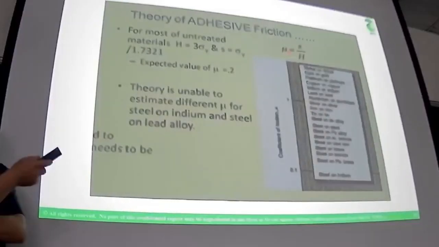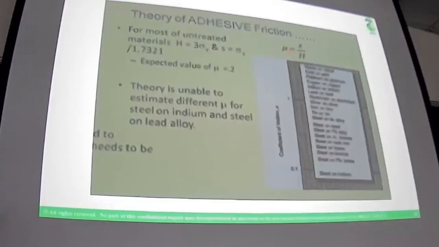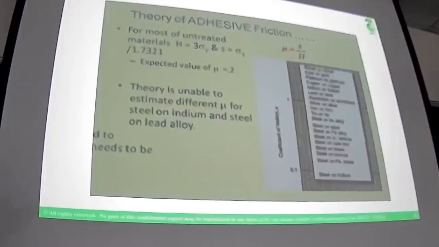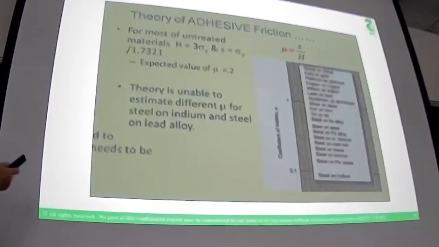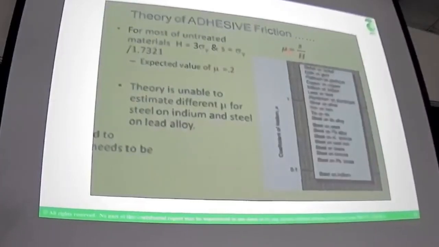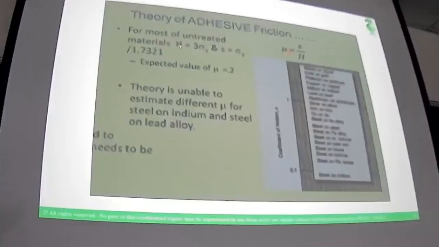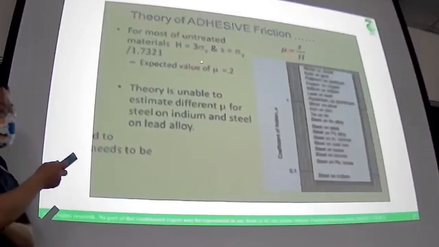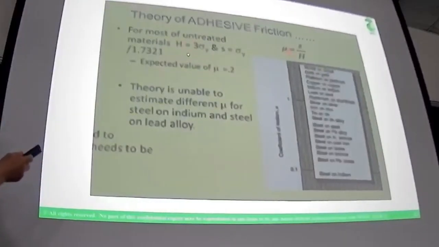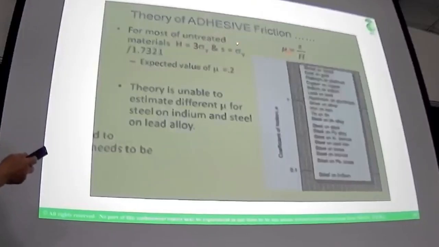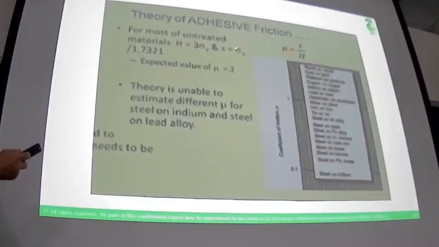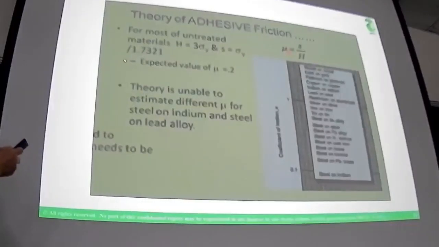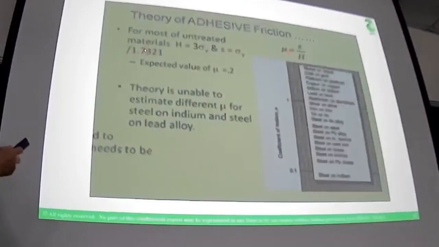here we have some statements in your textbook or in your course material. For most untreated materials, the hardness can be equal to 3 times the yield stress of your material. And the shear strength is equal to the yield stress divided by 1.73.